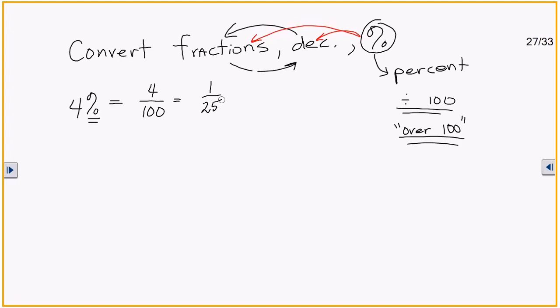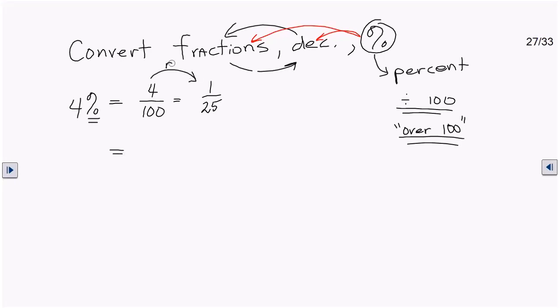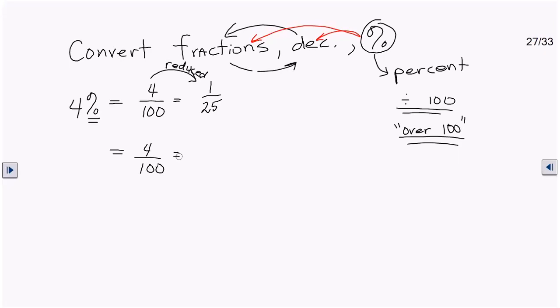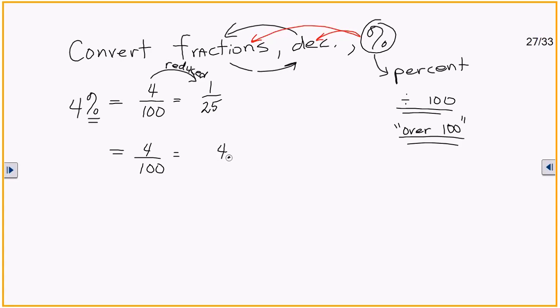And I just changed a fraction into a reduced fraction. Another way you can do it is to take 4 over 100 and rewrite that 4 with a decimal right there, because that decimal is on a whole number. But you're dividing by 100.